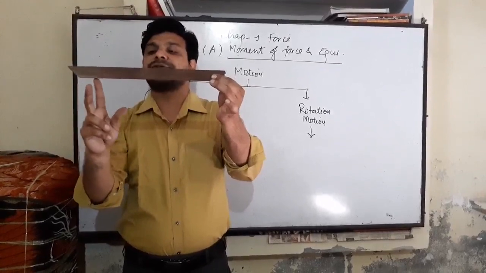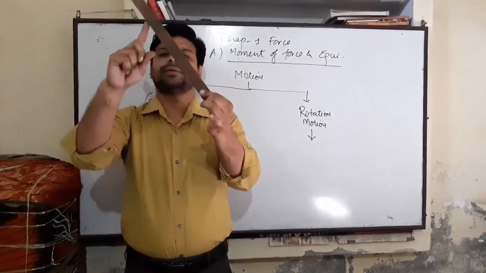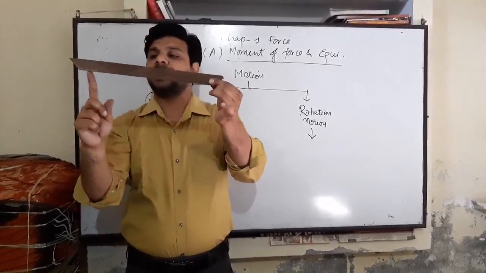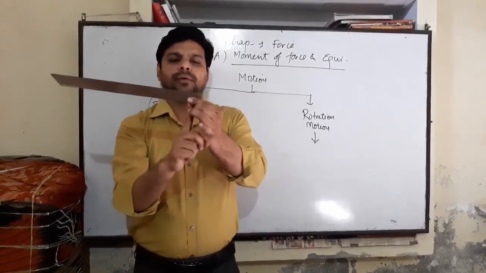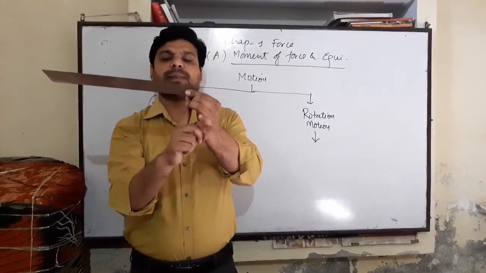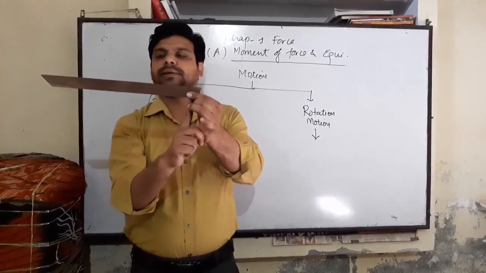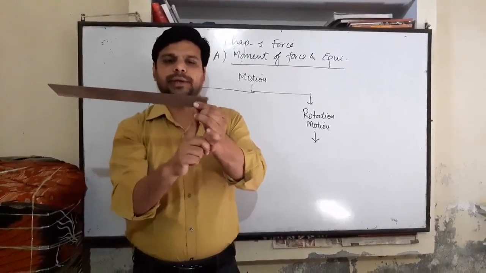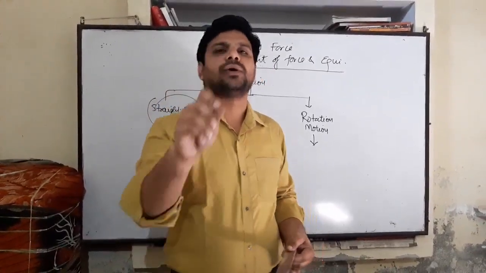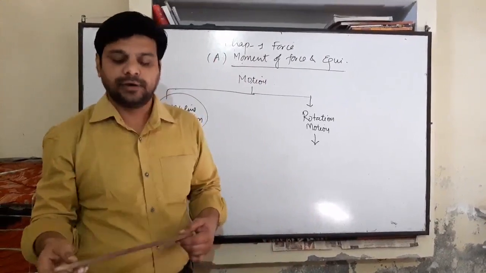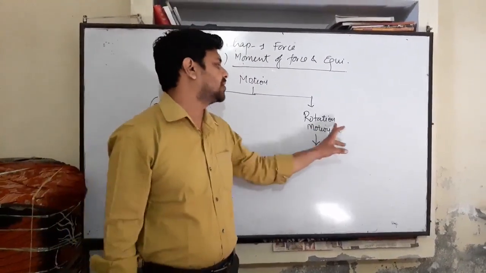If the point of application of force is at this point, body also rotates. And if we apply the force at this point, whatever the force you apply, this rod does not rotate. Now, we can say the force is not a single factor which provides rotation motion.